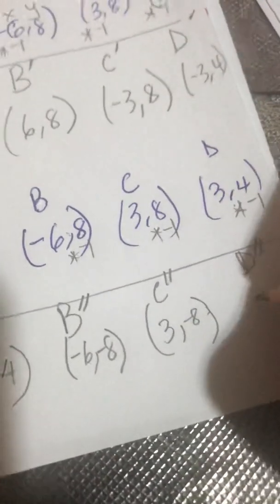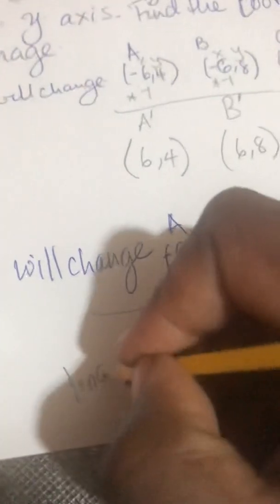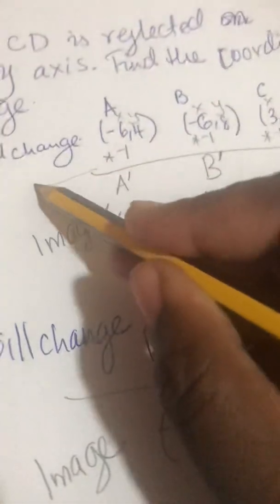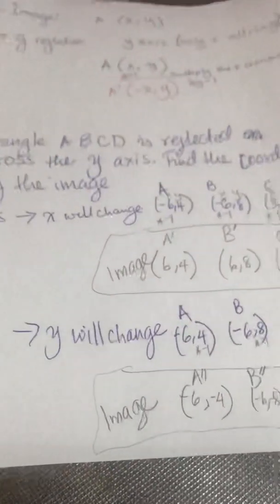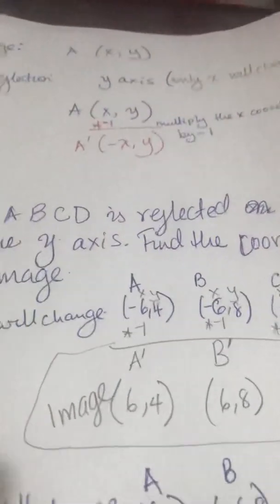And this will be 3, -4. And this is your image, this is your answer. Okay? So that is how you do it.